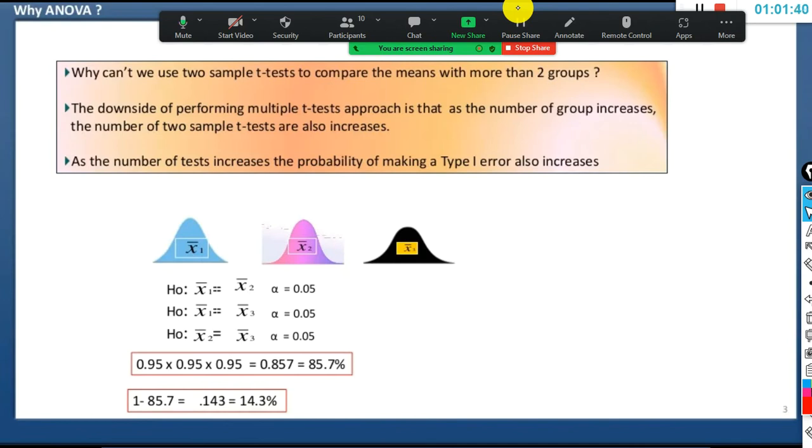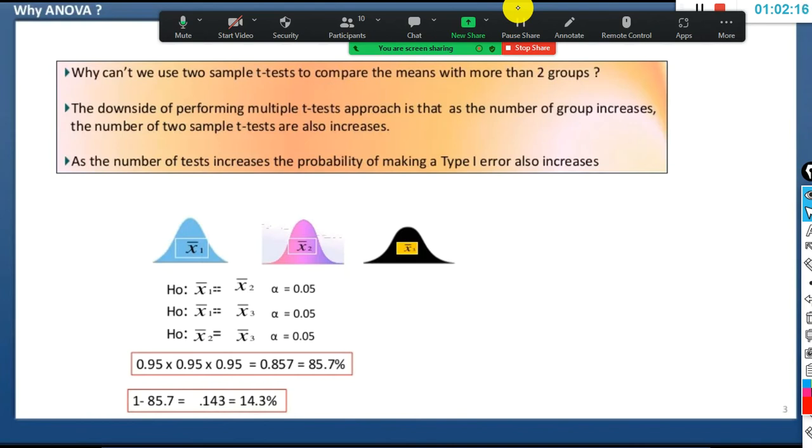Since you are using alpha equal to 0.05 for each test, the confidence level for each test is 0.95. So 0.95 times 0.95 times 0.95 gives you 0.857. Your confidence level goes down. If you conduct three tests, for each test you need to use alpha, otherwise how can you run it?